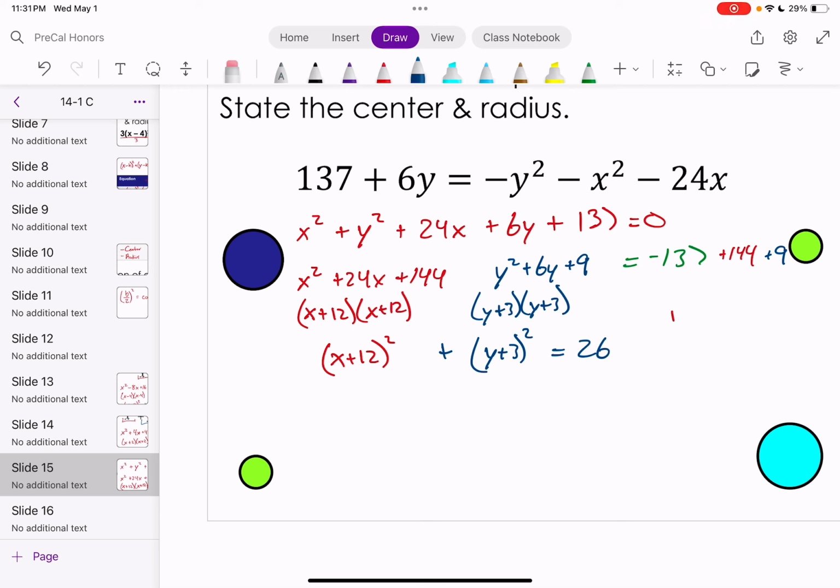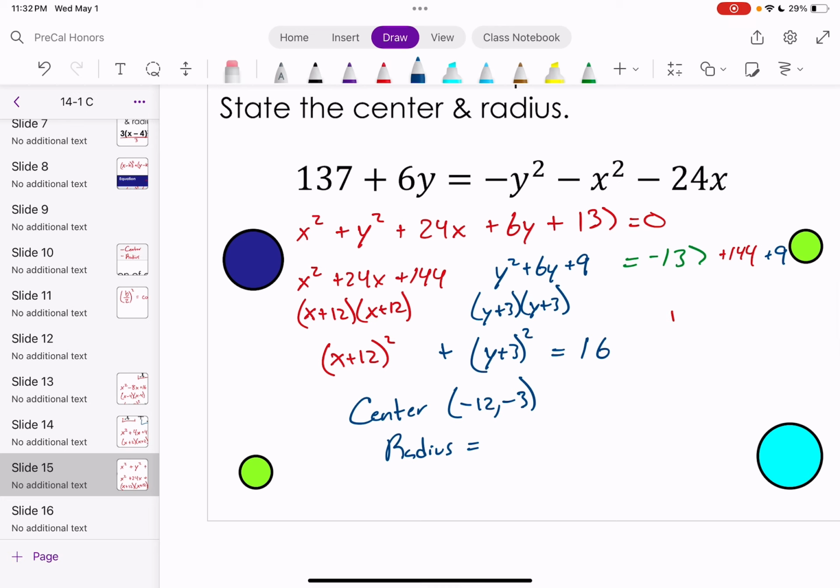Now from here we figure out the center. The center would be -12, -3, and our radius would be equal to... hold on, let me do my math one last time. 137 and 144, that's a difference of 7. 7 and 9 is 16, not 26.